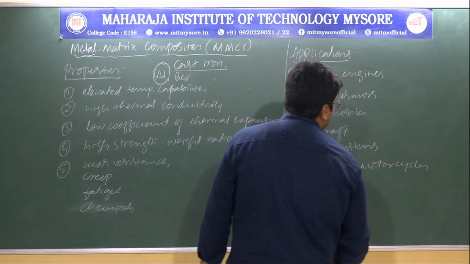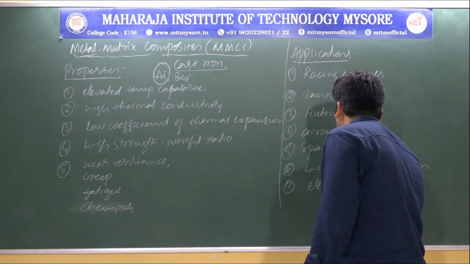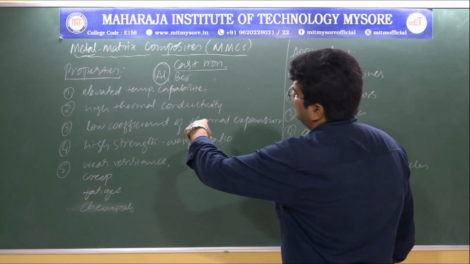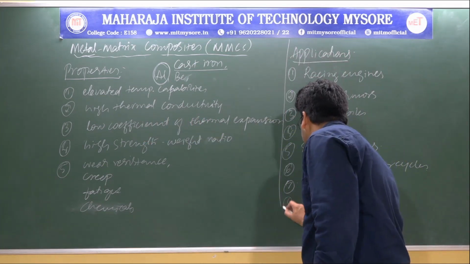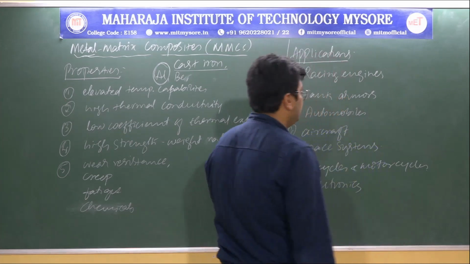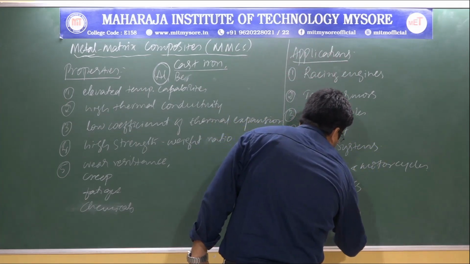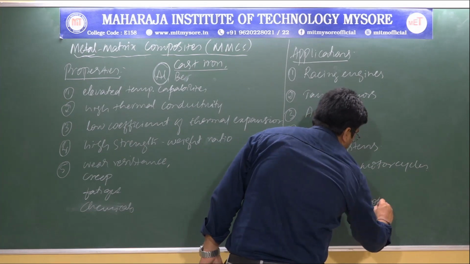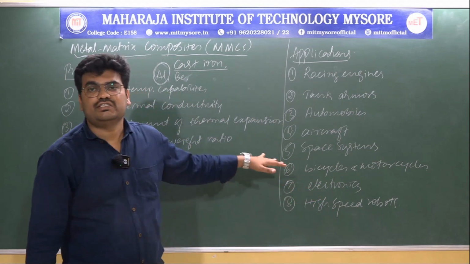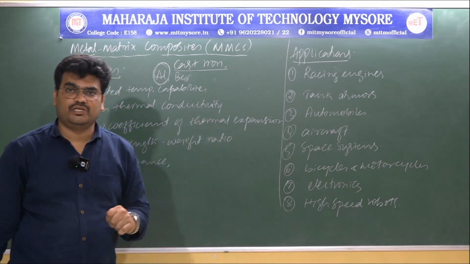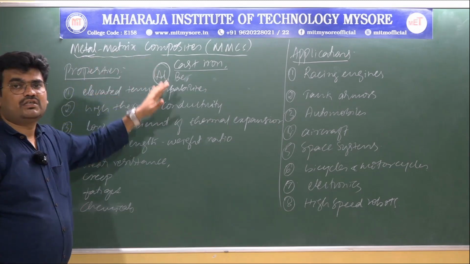They are used in the field of electronics, as they exhibit high thermal conductivity. And at last, they can be used in the manufacturing of high speed robots also. So overall, the major use is in the field of automobiles and aerospace applications. So this is all about the metal matrix composites.